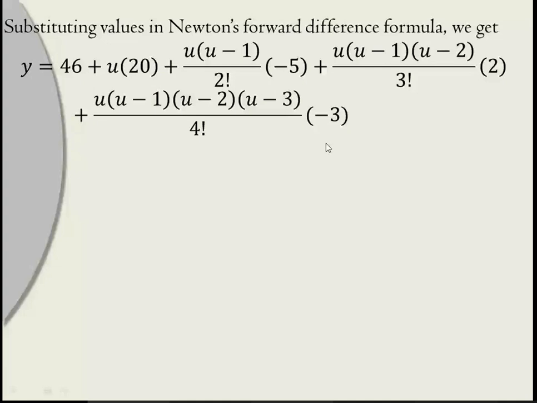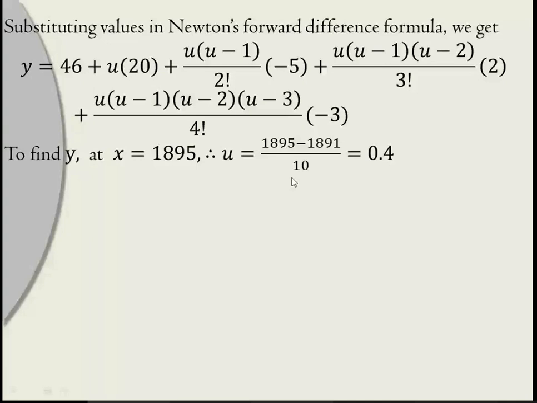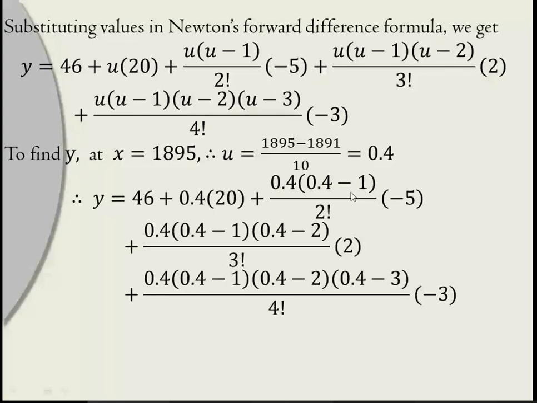X naught is 1891, and we want to find Y at 1895. So taking that X and finding u, u is 0.4. Let's put this 0.4 here and do the calculation.